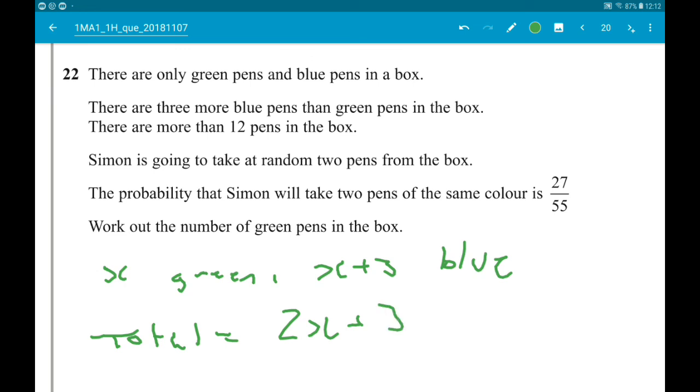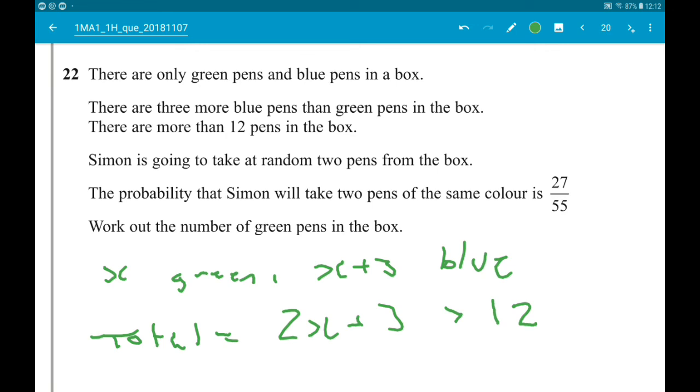And for some reason we want to know that is greater than 12. Okay, so Simon is going to take at random 2 pens from the box. The probability that Simon will take 2 pens of the same colour is 27/55. Work out the number of green pens in the box.